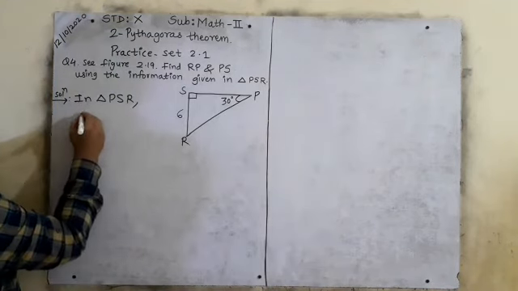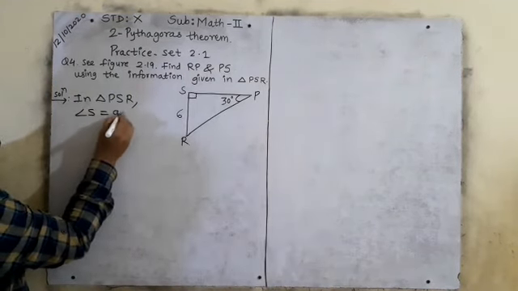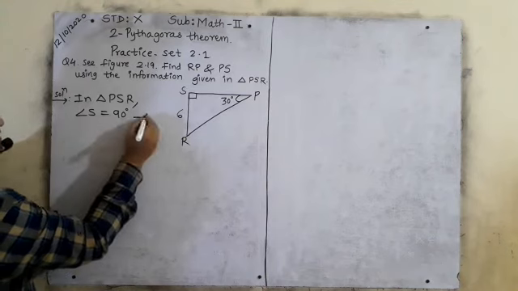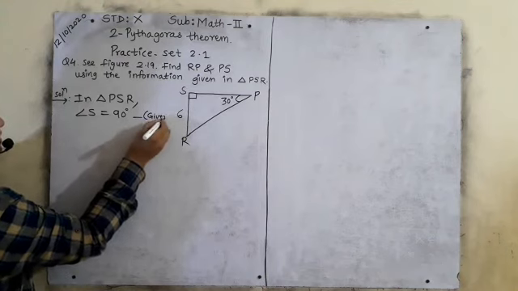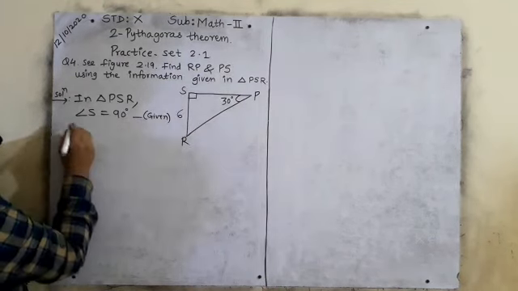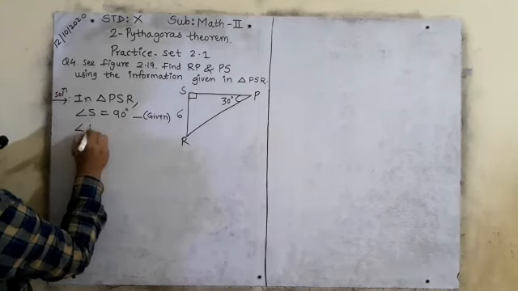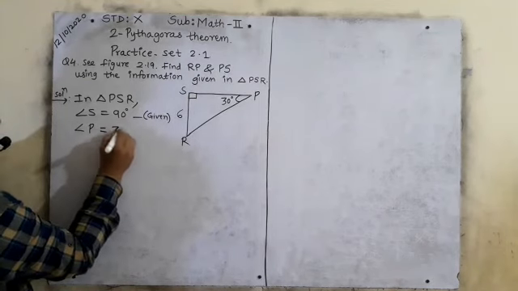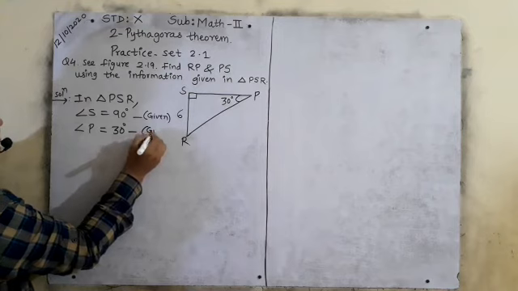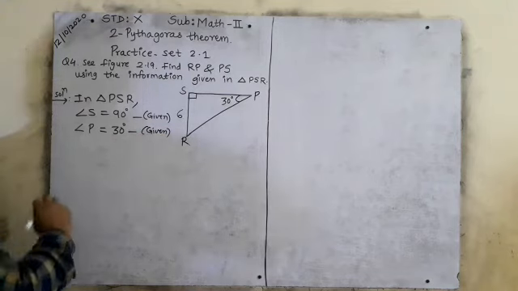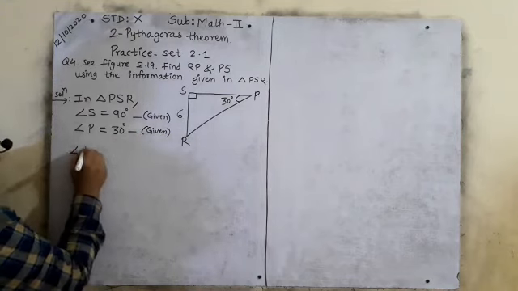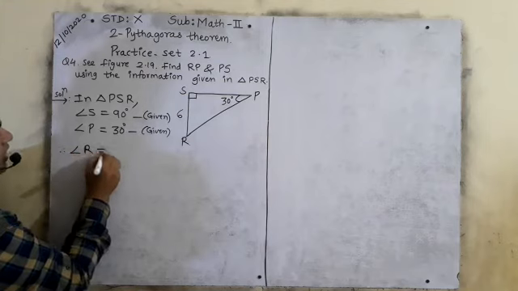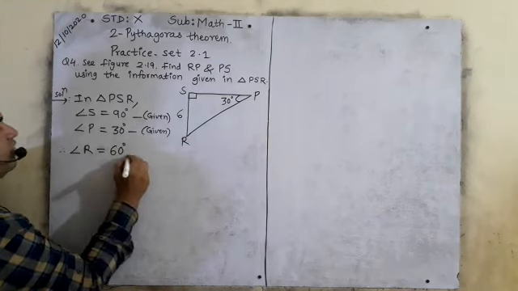So write that angle S is equal to 90 degrees, that is given in the question. Angle P is 30 degrees, also given in the figure. Therefore angle R is equal to 60 degrees. Why?